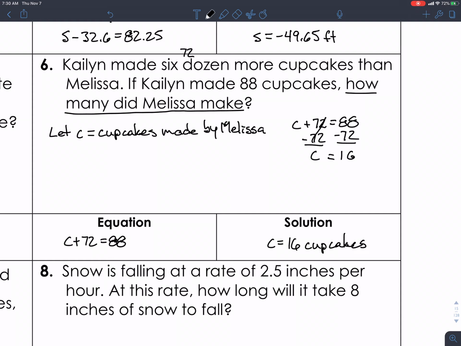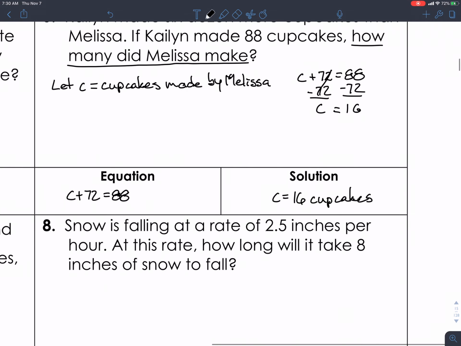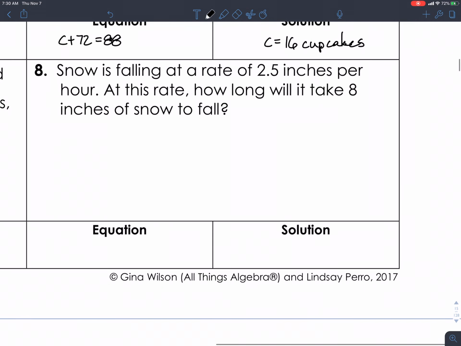That one was a little bit complicated, but if you really think about them, you can figure out what makes sense. Let's go to number 8. Snow is falling at a rate of 2.5 inches per hour. At this rate, how long will it take for 8 inches of snow to fall? So we're looking at how long it's going to take.